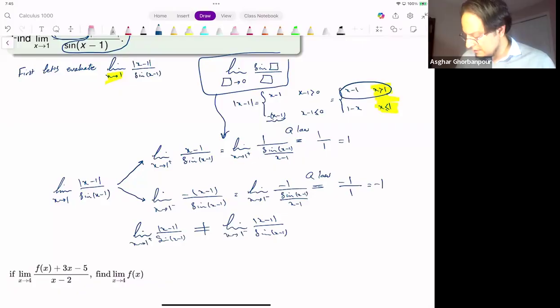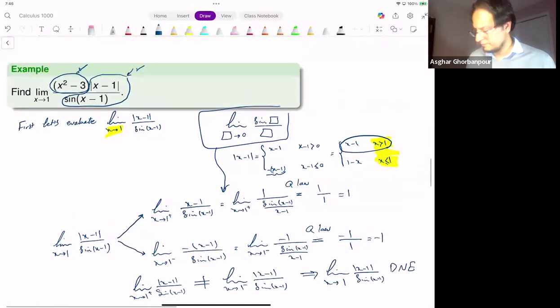That means that the actual limit, not the one-sided limit, does not exist.